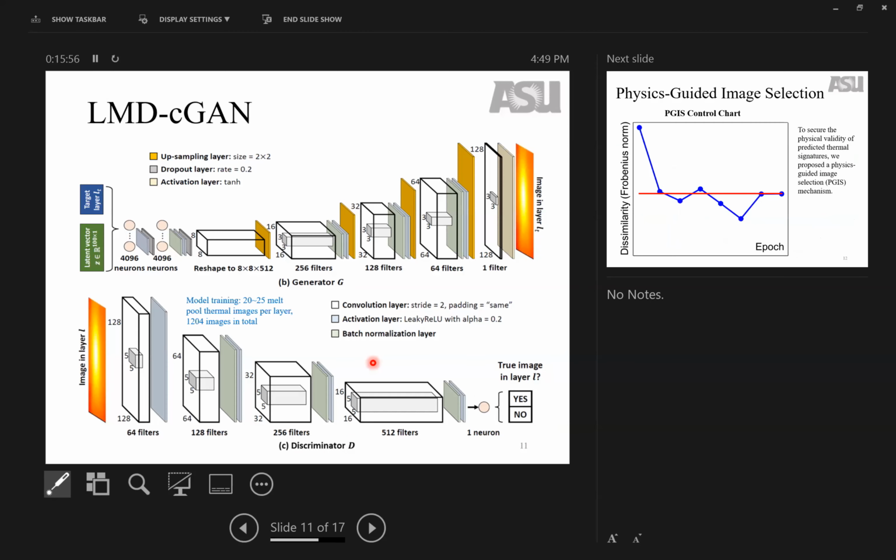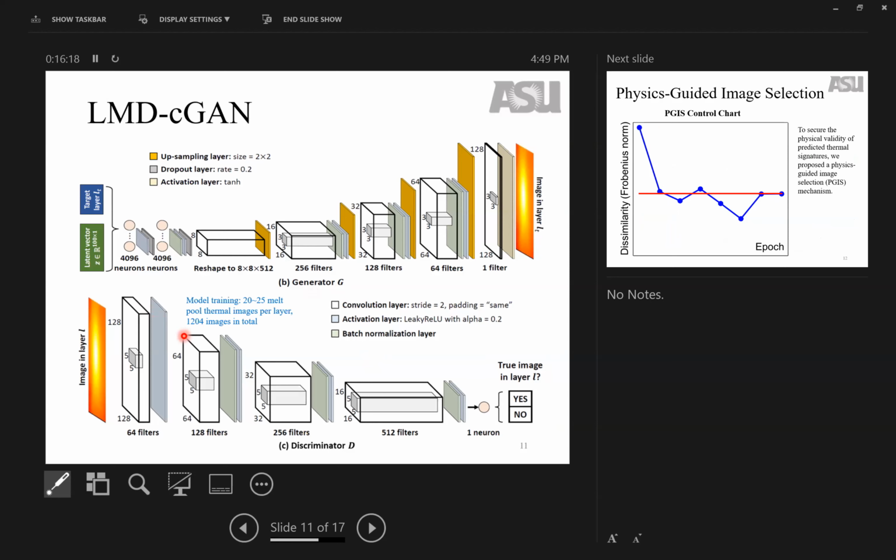I won't go through all the model parameters, but I present this architecture to give you a flavor. With this LMBCG model, we are able to make thermal signature predictions for a target layer of an in-process part, or a part being printed.